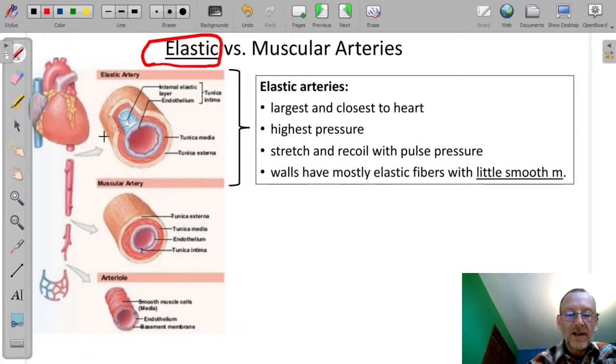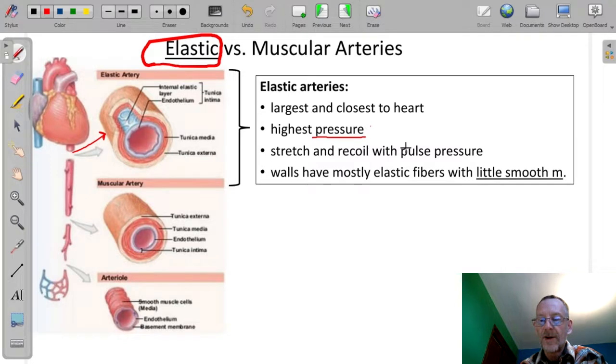This diagram on the left is showing a piece of a large elastic artery close to the heart. The aorta, the common carotid arteries, etc., are very elastic. And these are the ones with the highest pressure. We just looked at the pressure gradient.